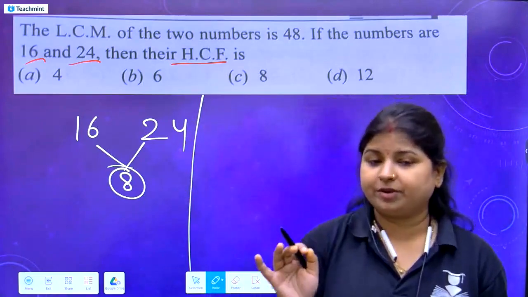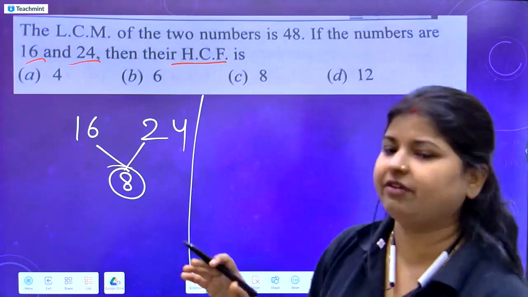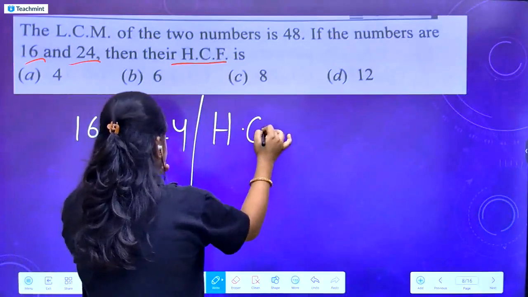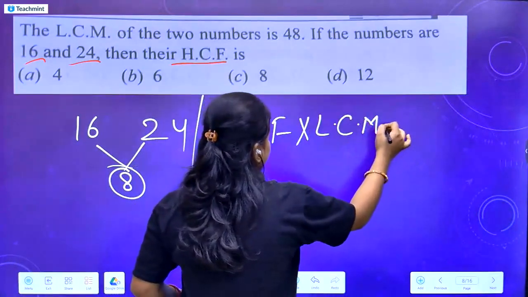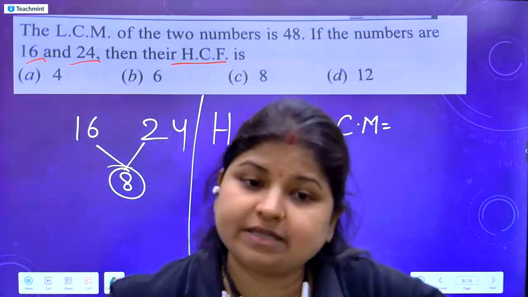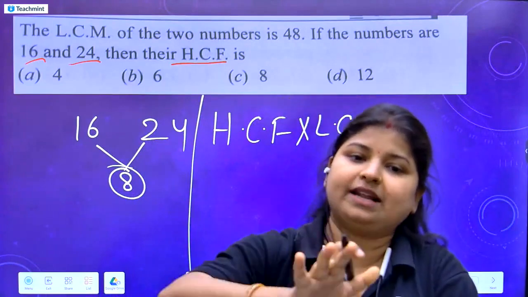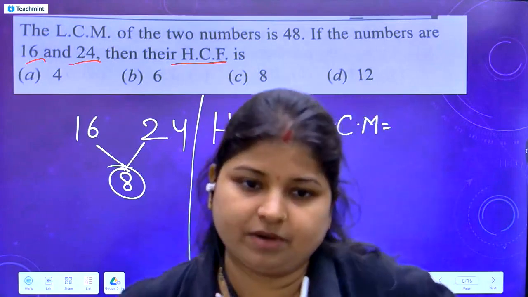That formula would be required when the ratio of numbers is given. That means when the exact numbers are not given, and it is given that the ratio of the numbers is like 2:3, 2 part and 3 part of a number.